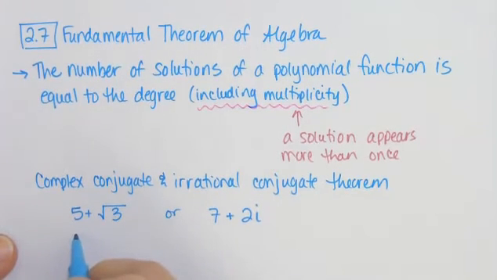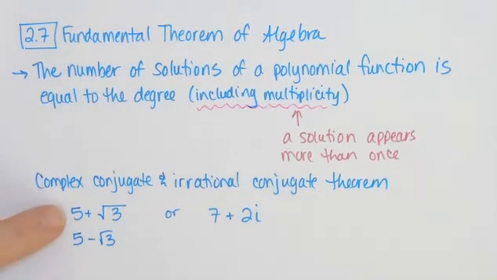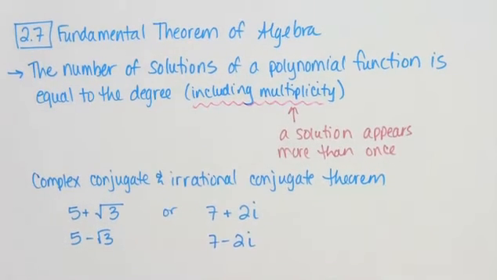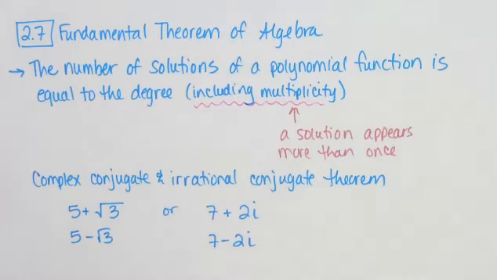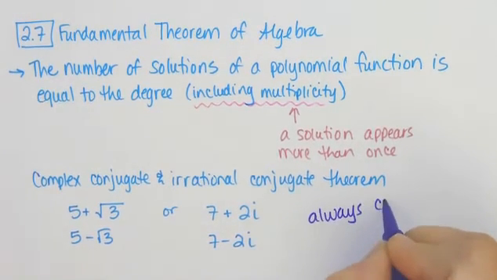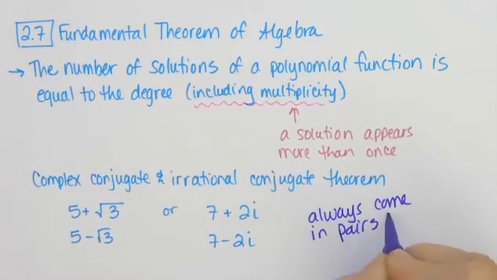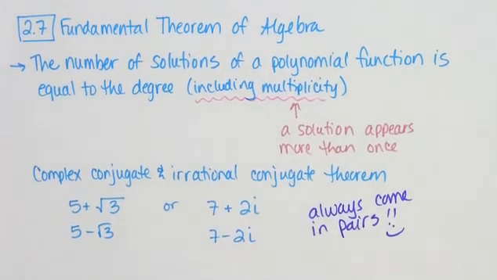And when you take the square root, you get plus or minus. So this is just saying that if you get 5 plus radical 3, you have to get 5 minus radical 3. Or if you get 7 plus 2i, it means that you also have to get 7 minus 2i. So really what this is saying is that these always come in pairs. You get a positive and you get a negative.